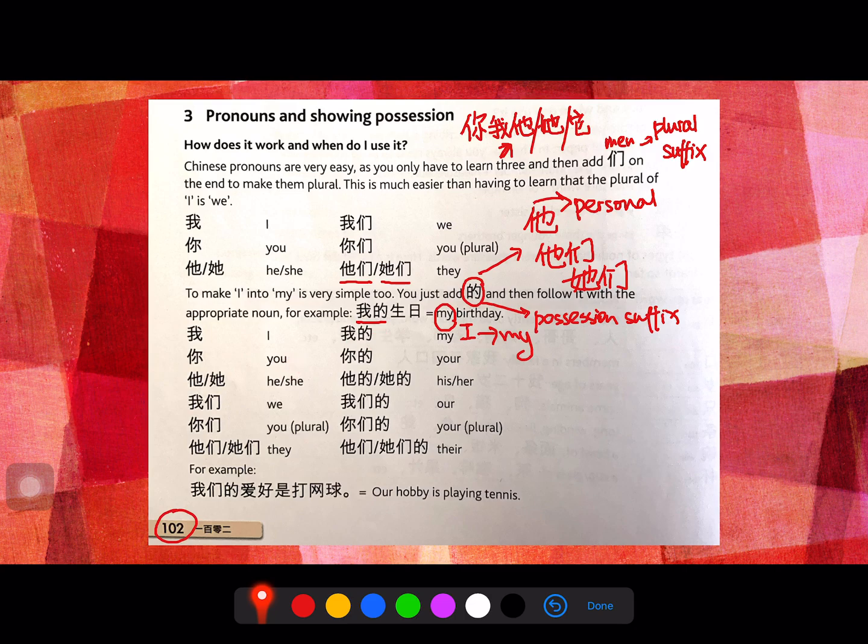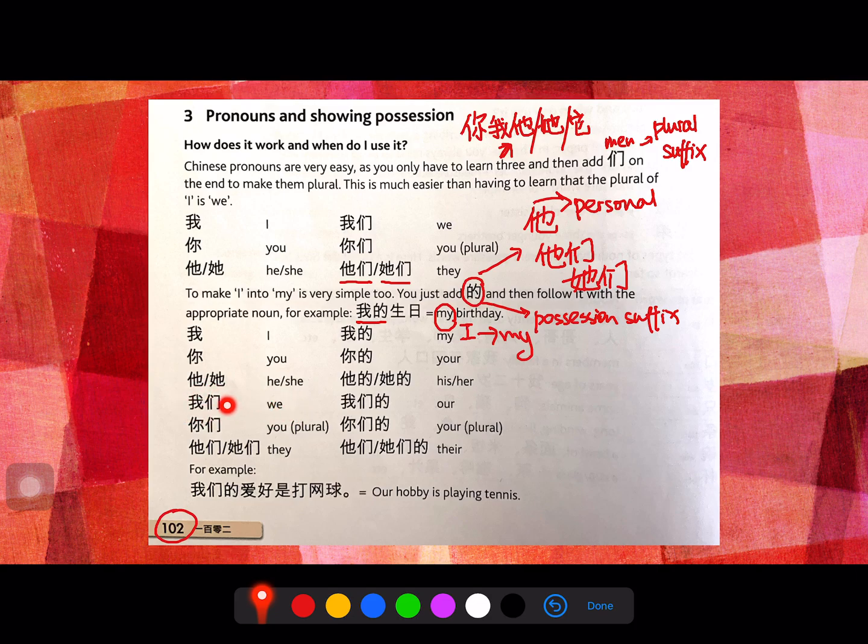For you, 你, and for your, that would be 你的. Equally, for he and she, 他 or 她, that will be 他的 or 她的 for his and her. For example, 他的爸爸, his dad, or her dad. For us is 我们, we.